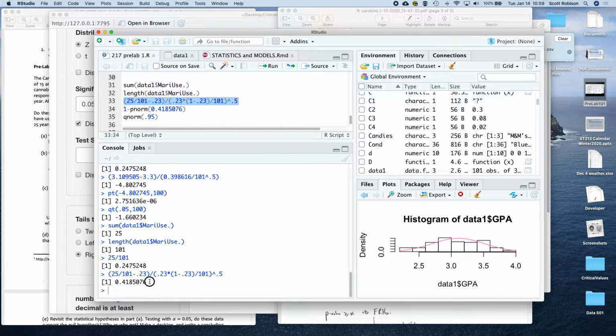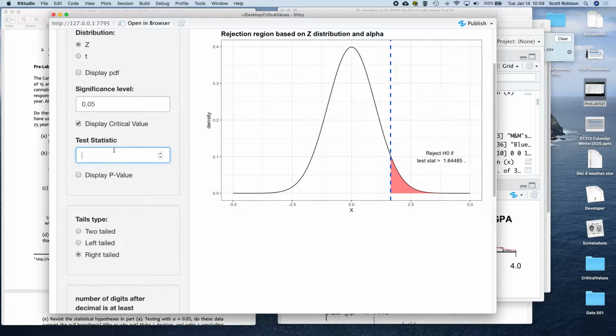Let me put the test statistic onto our picture. Remember, if my test statistic is greater than the critical value, I'll reject. If it's less than the critical value, I will fail to reject.